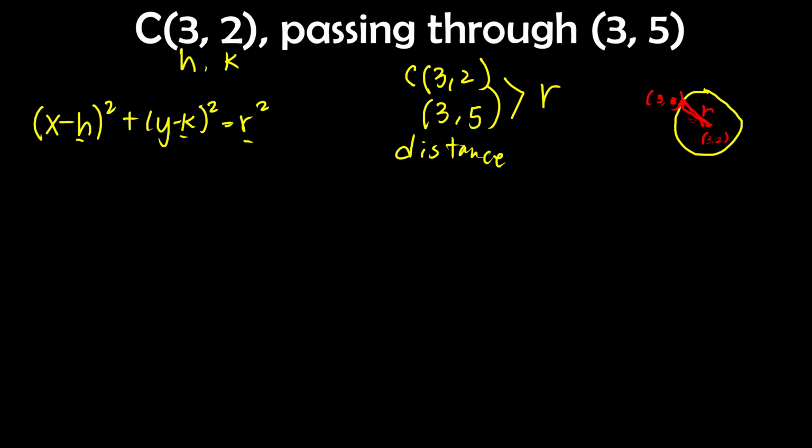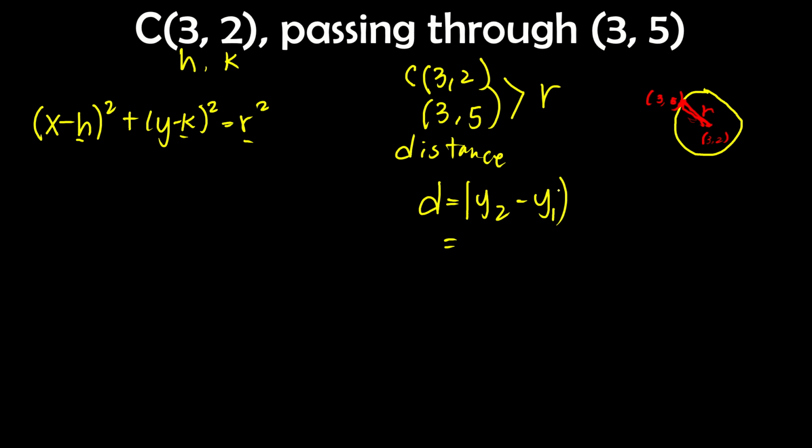Ano yung napapansin? Yung x coordinates ay equal. So that means we just need to subtract and get the absolute value ng difference ng dalawang y coordinates. So we will have the distance is equal to the absolute value of y sub 2 minus y sub 1.